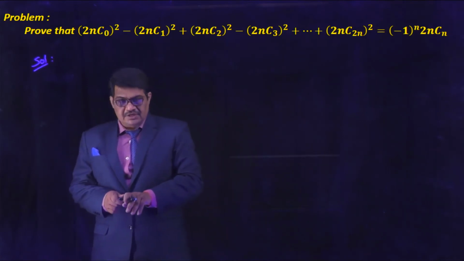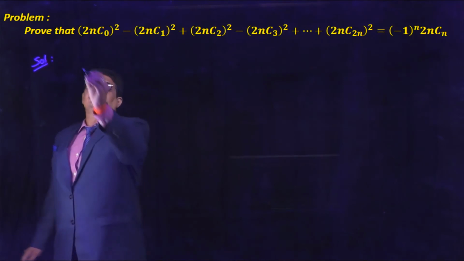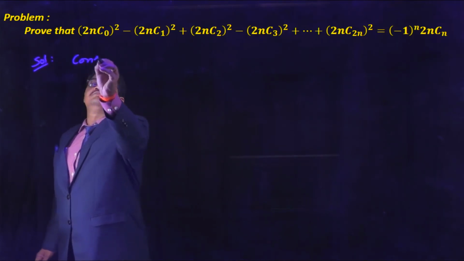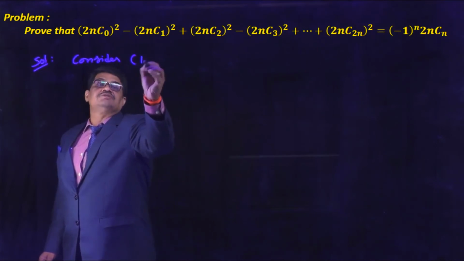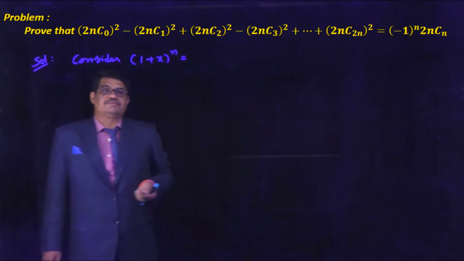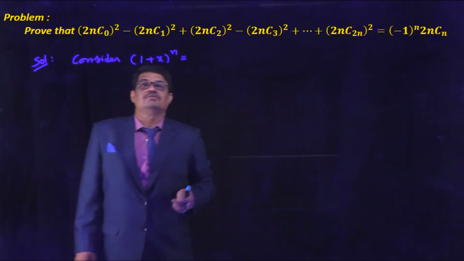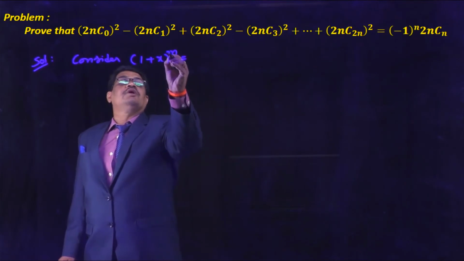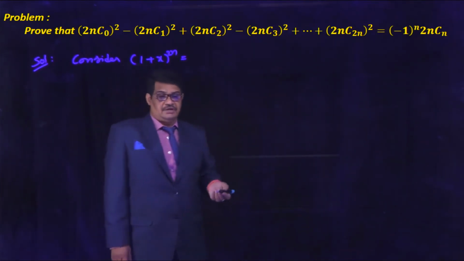We consider the expansions. That is (1 plus x) whole power n, the standard binomial expansion. We take (1 plus x) whole power 2n. What is its expansion?